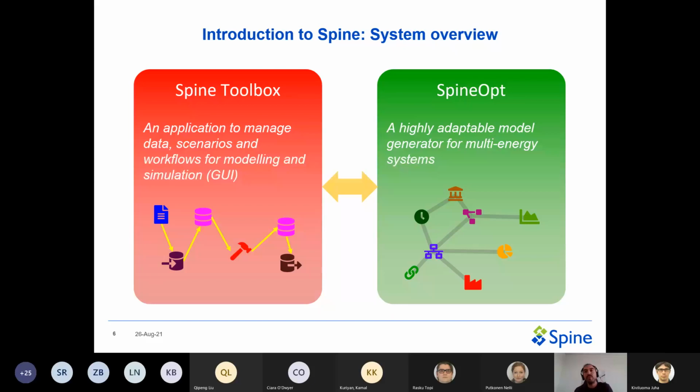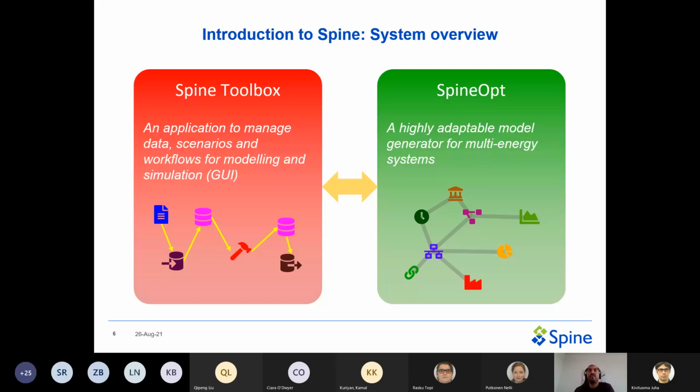It doesn't need to be energy systems related at all. So it's a very generic tool. It can be whatever you want, as long as it's data processing, basically. But we have SpineOpt, which is energy systems related, and we use the multi-energy systems concept to refer to systems that combine multiple vectors or sectors, whatever you want to call them.